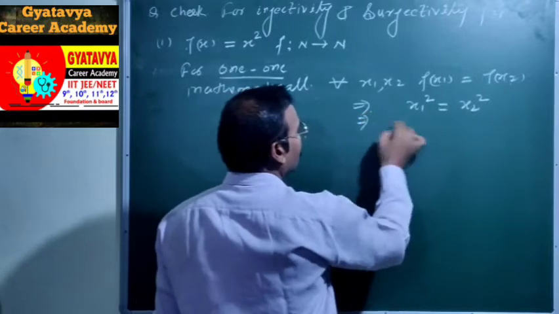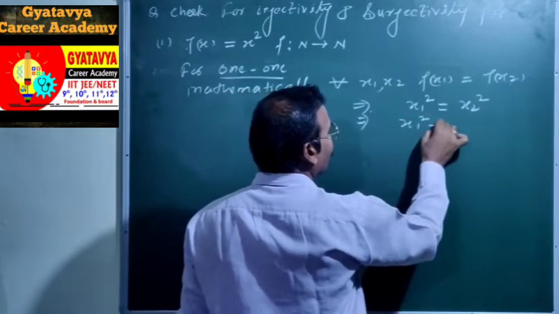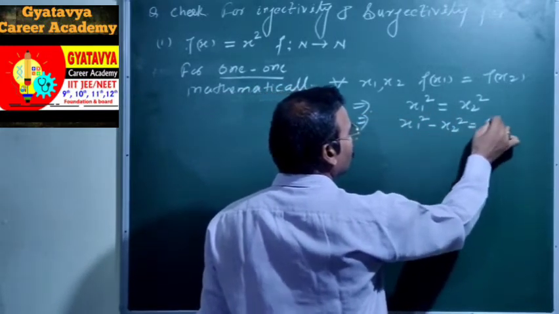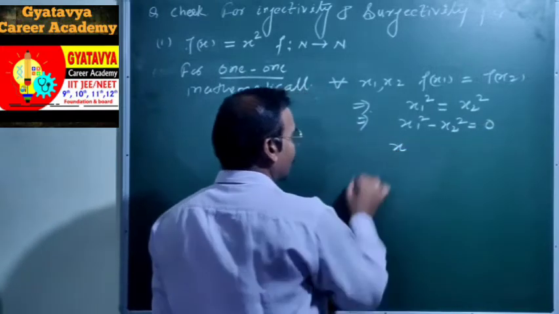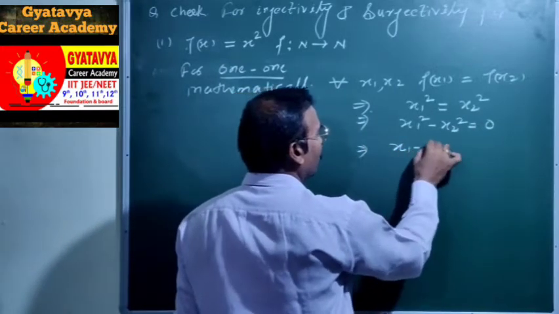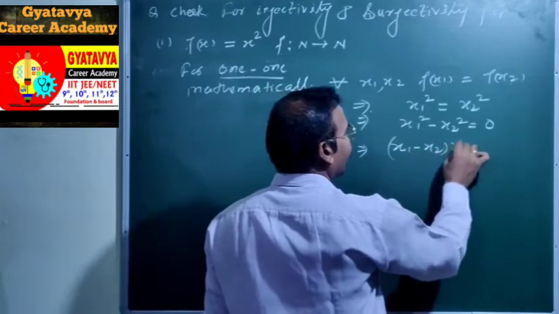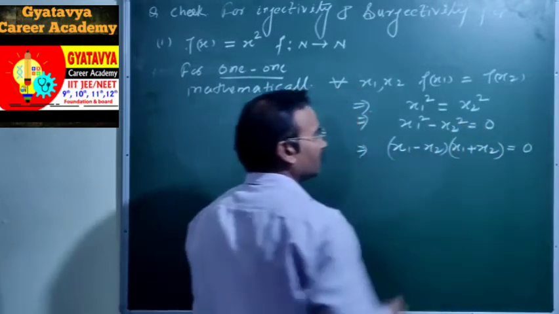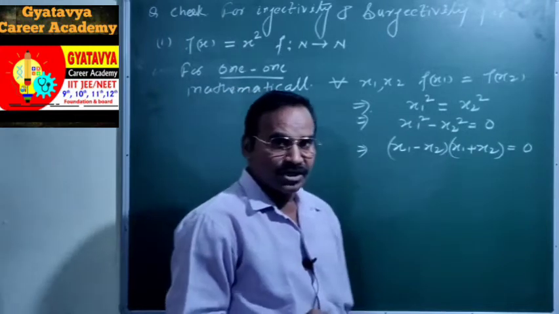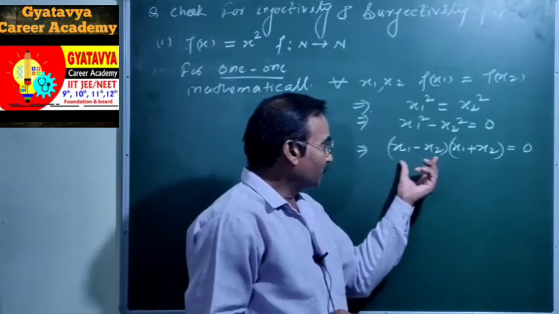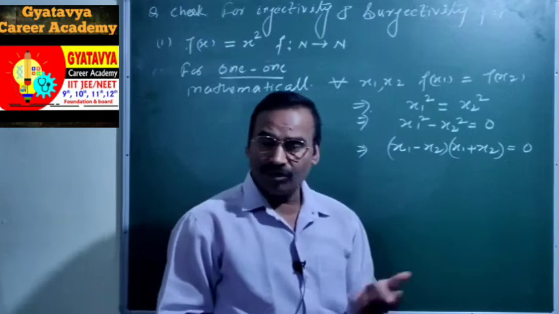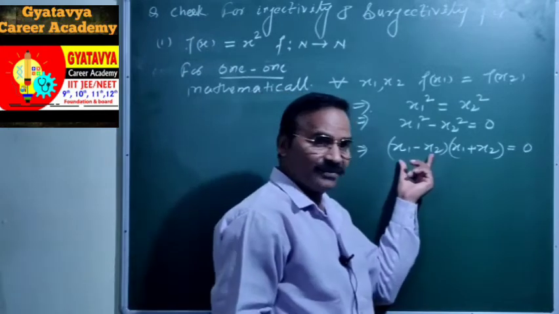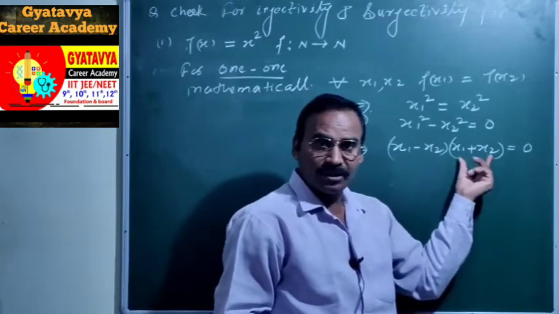Now transferring, x1 square minus x2 square equals 0. Now factorize it: (x1 minus x2)(x1 plus x2) equal to 0. So there will be a condition: the multiplication of the two factors is equal to 0. Either this factor will be 0 or this factor will be 0.